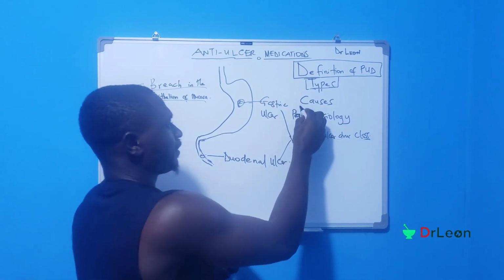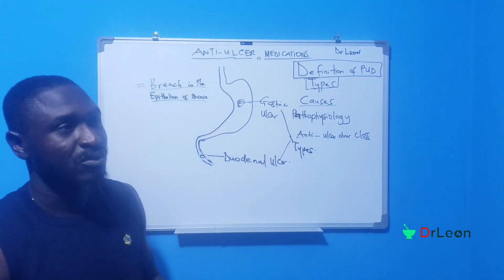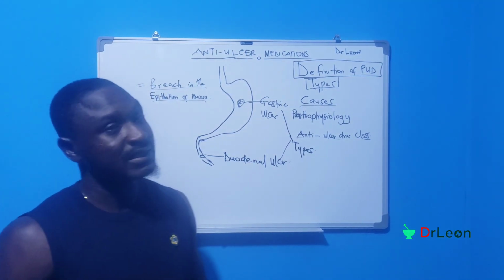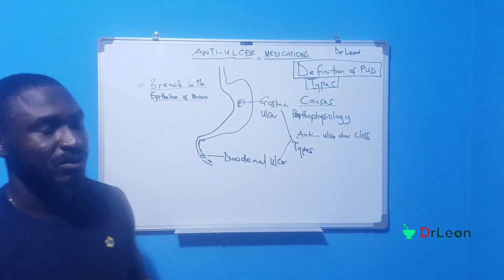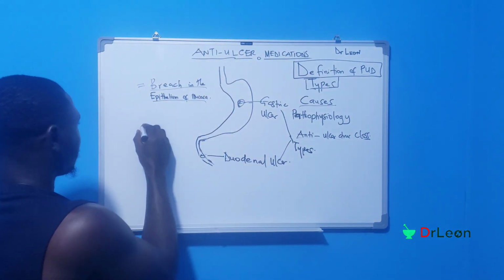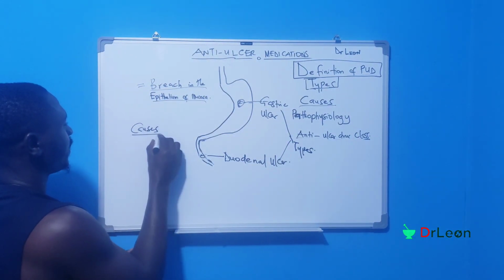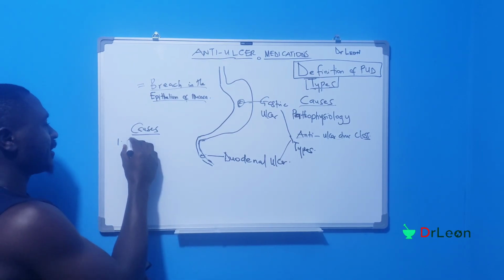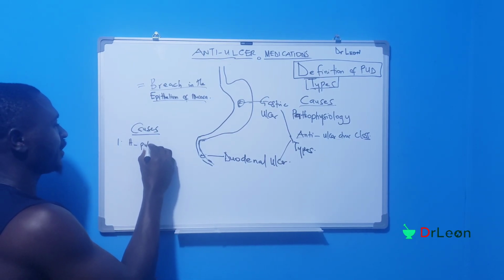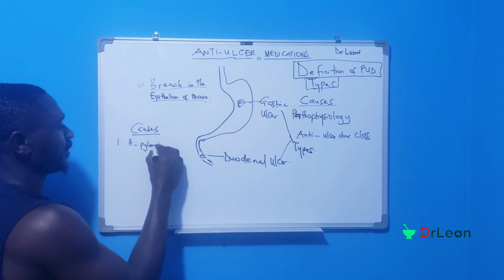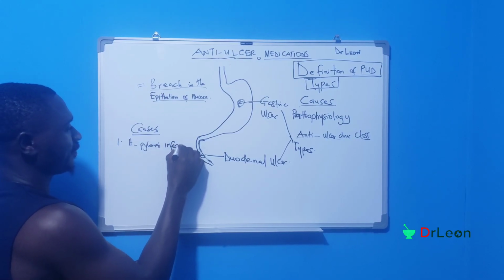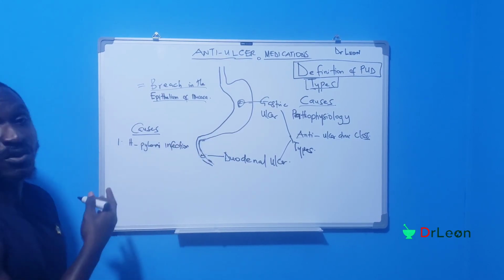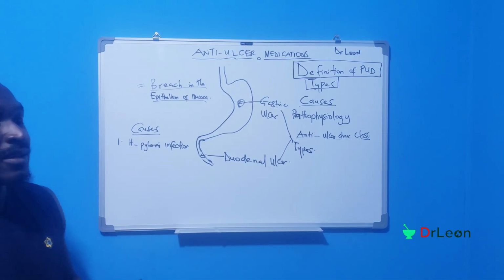Now to the causes. What actually causes peptic ulcer disease? There are three main causes, and one of the commonest causes is H. pylori infection, Helicobacter pylori.